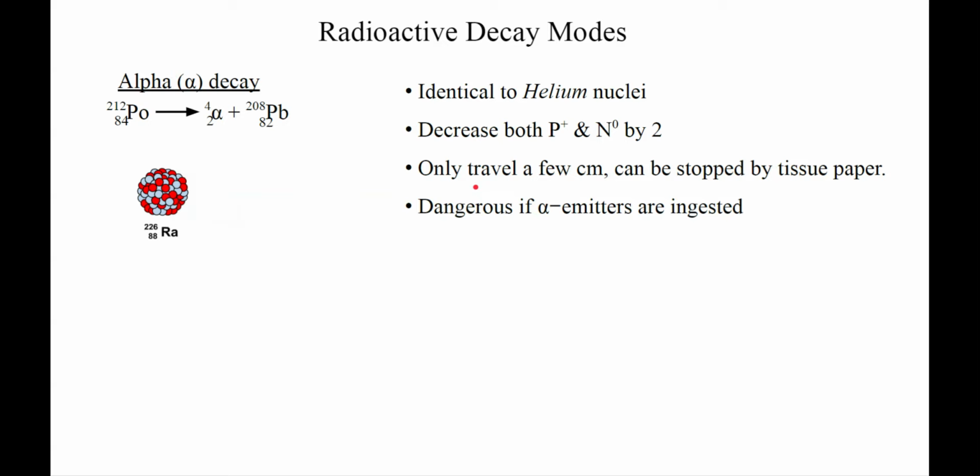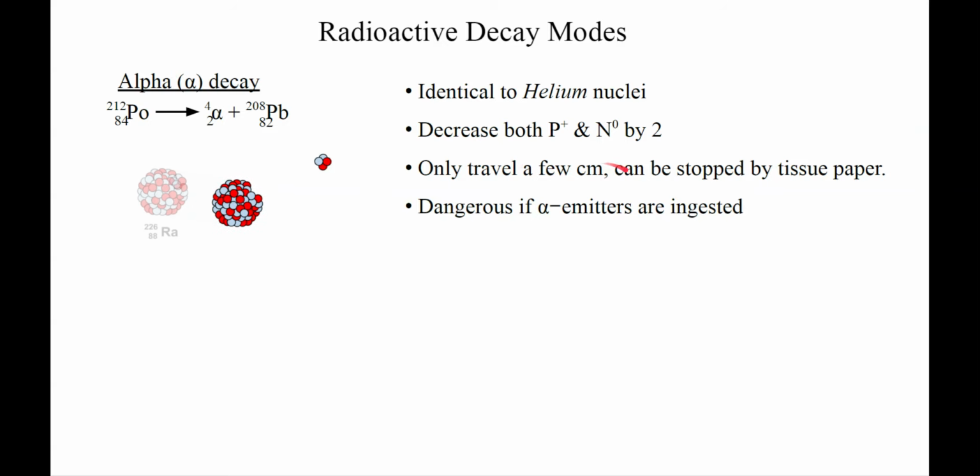And if that's you, if you swallow a piece of polonium, then those alpha particles are going to oxidize proteins and DNA, and that's a bad thing. So you can get radioactive poisoning by being overly exposed to alpha emitters. Now, honestly, they're not the most hazardous, they're the least hazardous.